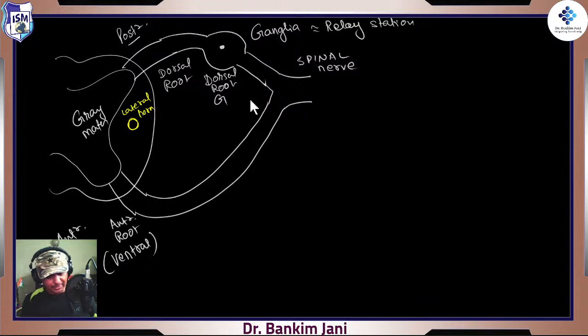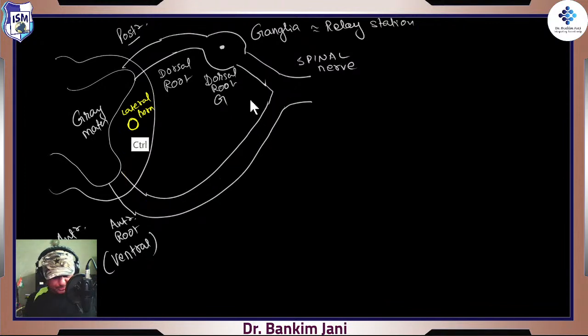So these lateral horn fibers, because when we'll be studying the spinal cord in the brain, we'll see all those lateral tracks, they will be pushing their fibers. They say, yes, take my fibers also to the spinal nerve.